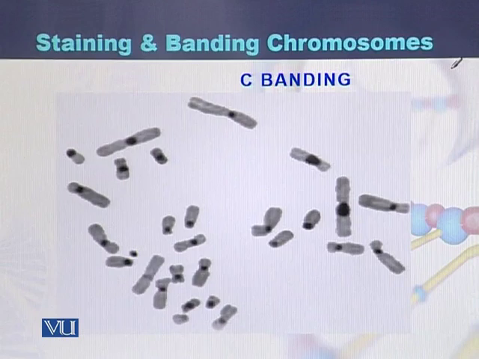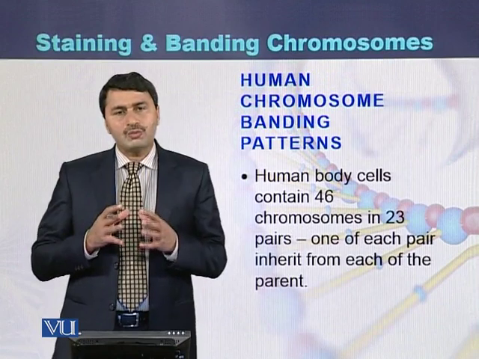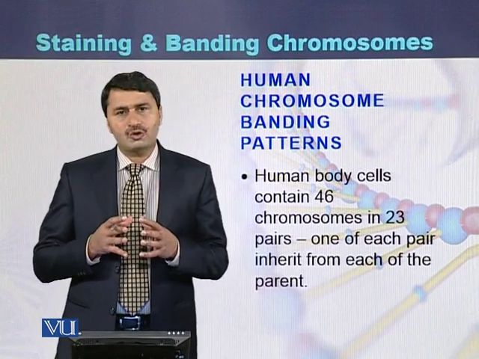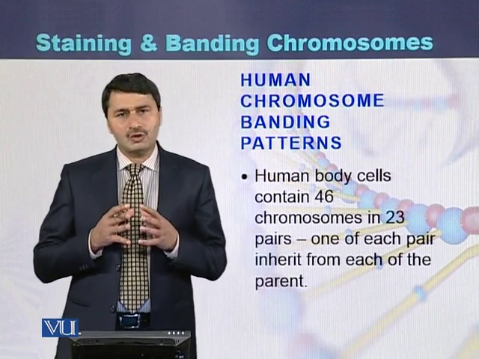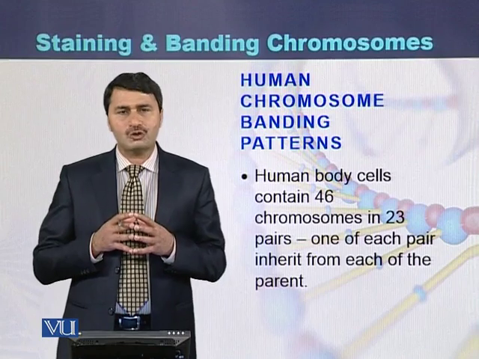We can see in the diagrams that the centromere has been stained and it appears in the form of a dark band. This type of banding where centromeres have been stained is called C banding.